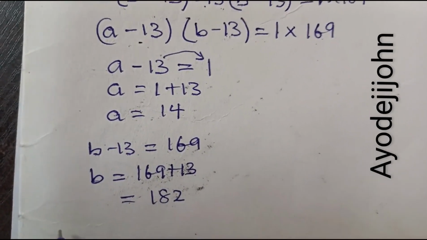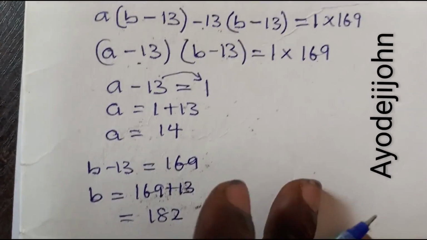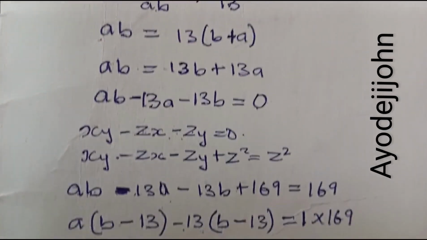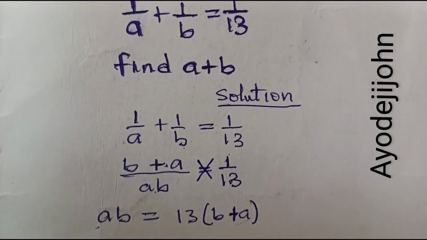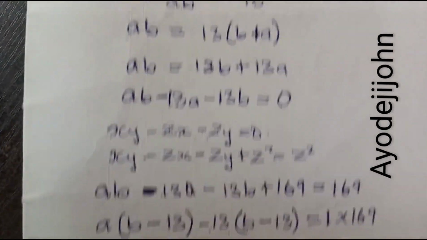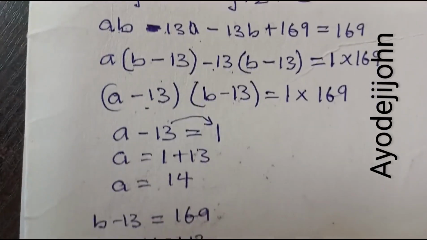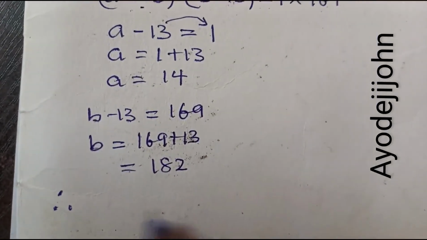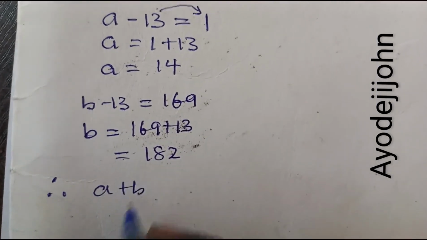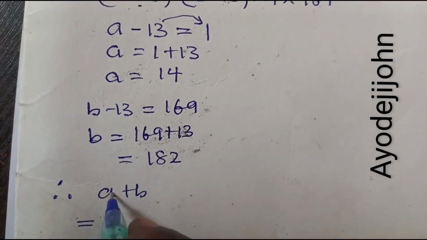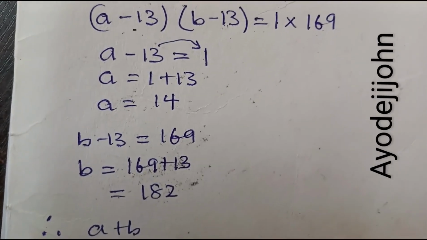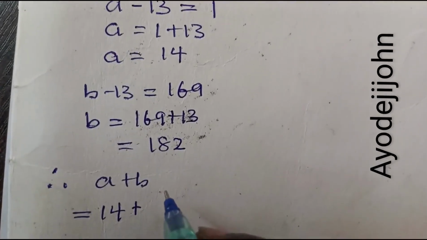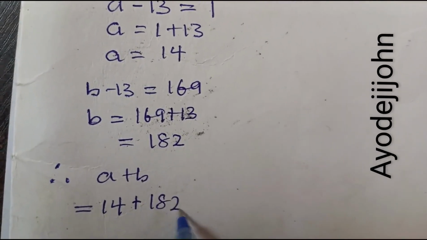Now recall the question says we should find a plus b. So to find a plus b, what are we going to do? Just say a plus b is the same thing as a is 14 plus b is 182.